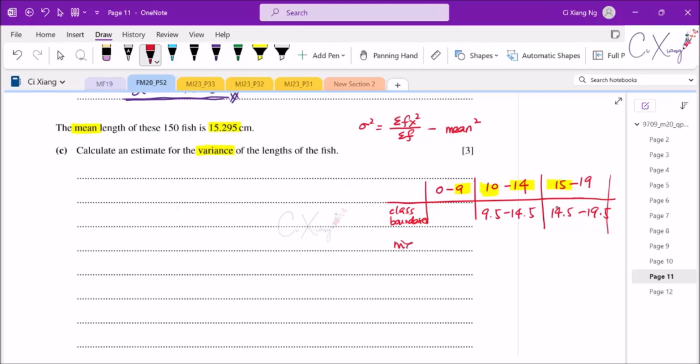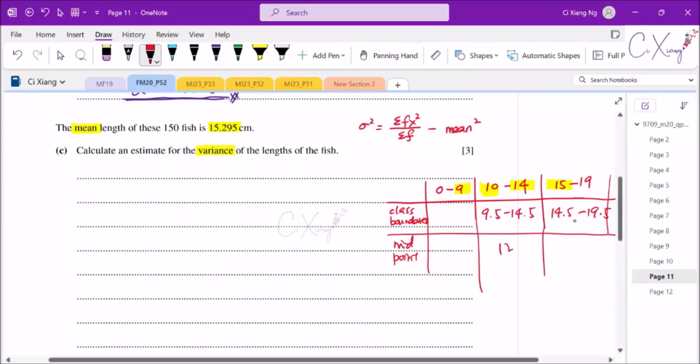To get the midpoint, we use the class boundary. So you take 9.5 plus 14.5 divided by 2, and you should get 12. Then for this one, 14.5 plus 19.5 divided by 2, and you will get 17.